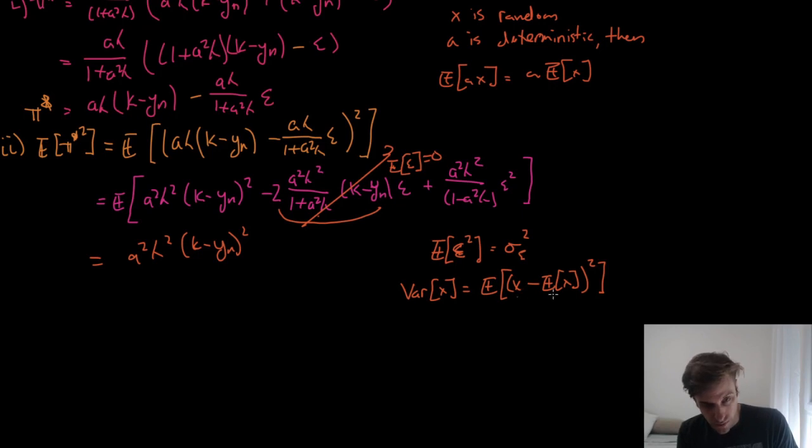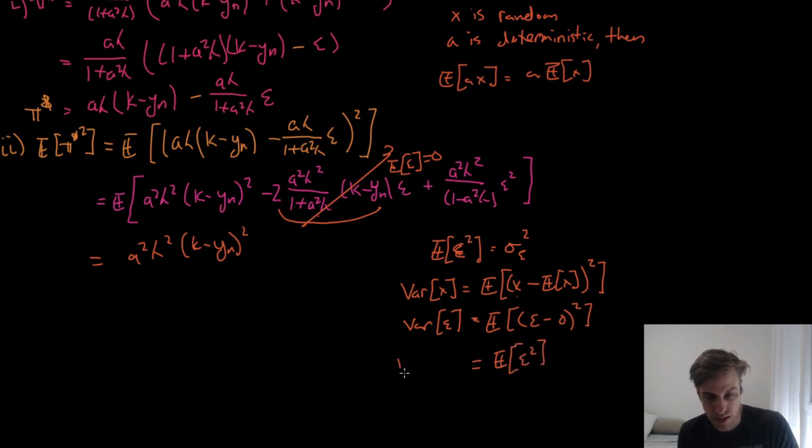If the expected value is 0, so if we think about the variance of epsilon, which we know the expected value is 0, we'll get the expected value of epsilon minus 0 squared, which equals the expected value of epsilon squared. And that's the variance of epsilon. And for a normally distributed random variable, that is the squared standard error, just the definition.